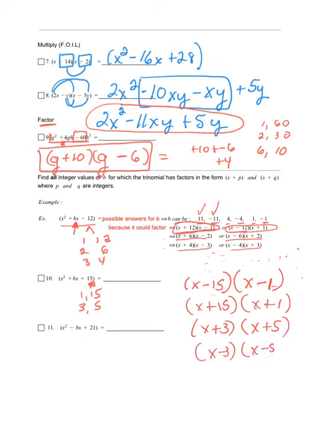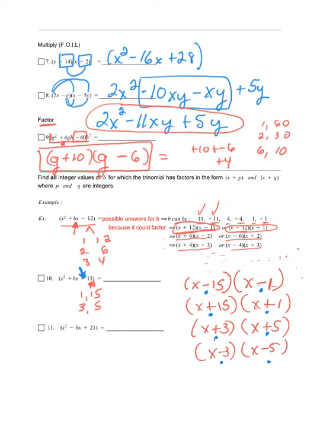And because I have a positive value right here in front of the last term, I know that these signs right here have to be the same, because that's the only way. When you multiply a positive by a positive, you get a positive, or you multiply a negative by a negative to get a positive. All right.